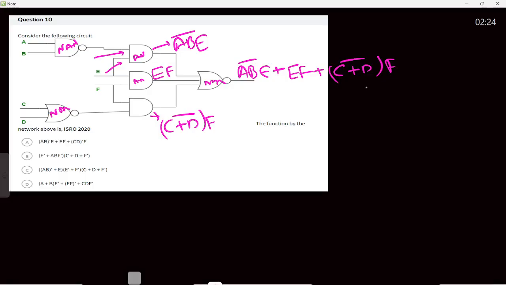Now there is negation, and there is whole negation. Okay. So after doing this, we will be getting AB bar and E bar like this, dot EF whole bar, then and C plus D whole bar dot F of whole bar.